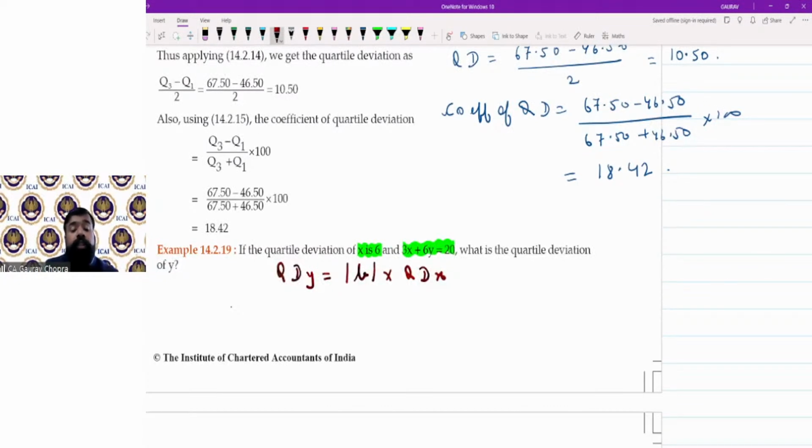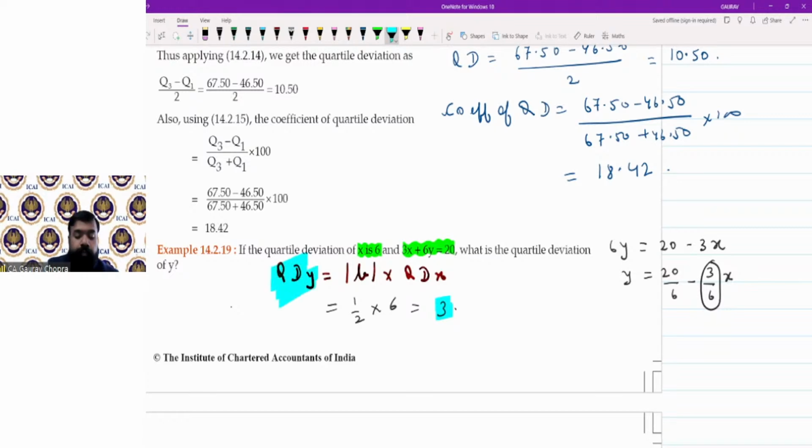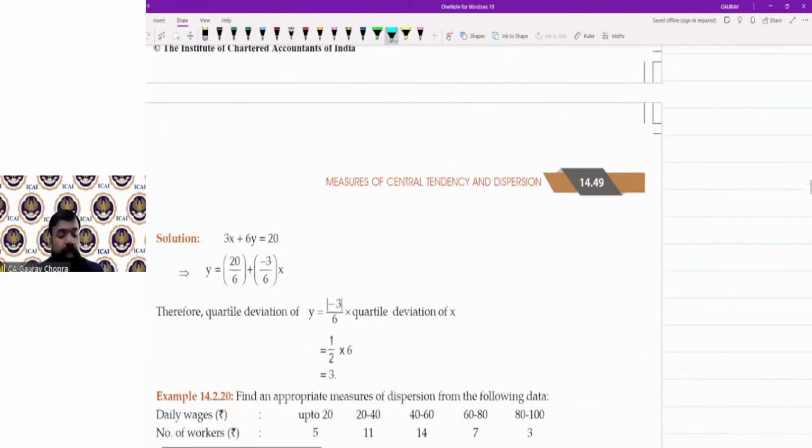Here the equation is not arranged, so we can arrange it in our format. 6y is equal to 20 minus 3x. So y equals 20 by 6 minus 3 by 6 x. 3 by 6 is basically half. Half multiplied by 6 gives us 3. So this is the quartile deviation of y. In this way, we can easily calculate the quartile deviation.